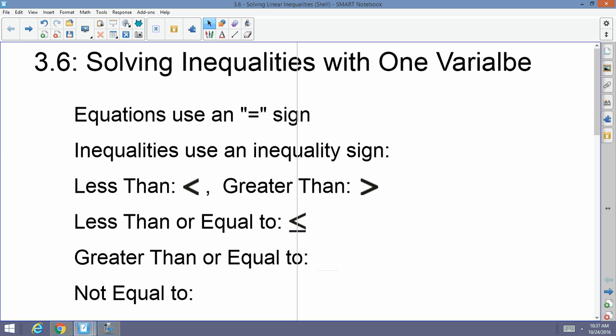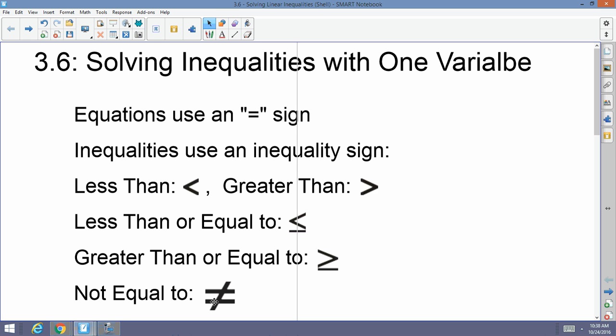It means less than or equal to. It's either or. You can have a greater than or equal to, or you can have a not equal to. Those are the inequalities. It's going to be one of those five, period. It's just the way it goes. So learn them, love it, and live it.